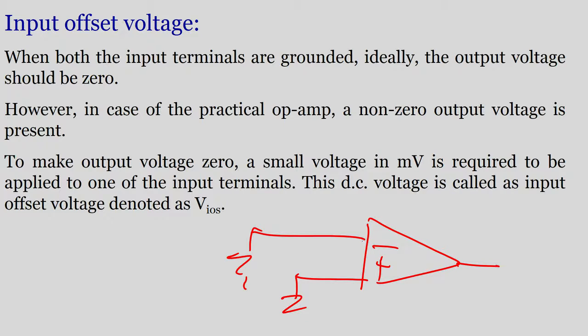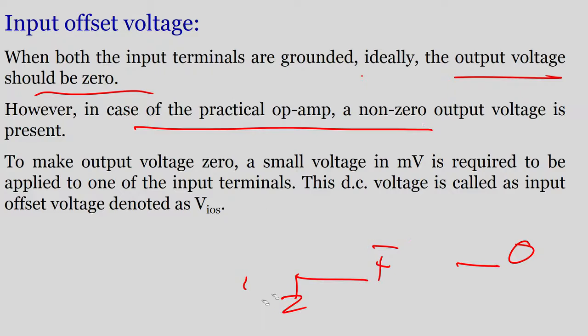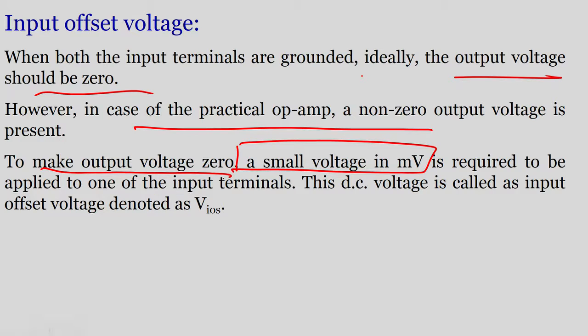Now, this is just an example. We will see the circuit in the next slide. So, when the input terminals are grounded, ideally the output voltage should be 0, but in case of practical operational amplifier, a non-zero output voltage is present, and to make this output voltage 0, a small voltage in millivolts is required to be applied to one of the input terminals.